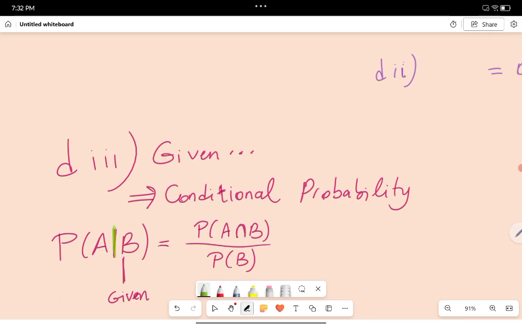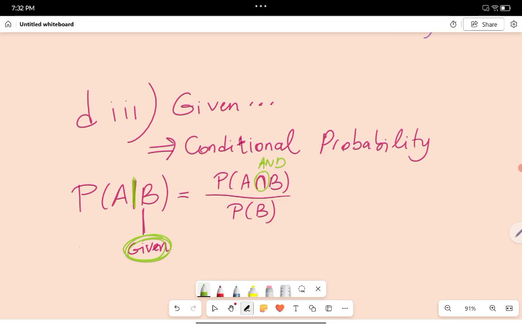This means given, and this means and. So in words, it means if we are looking for the probability of something happening, an A, but given something else, given that B happens, we simply take the probability that both happen, so we have A and B, and we have to divide by the probability of the condition, of the thing that is given, okay? So that is how it works.